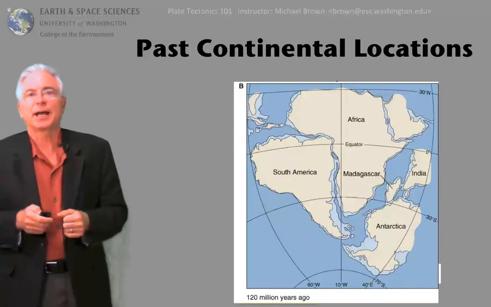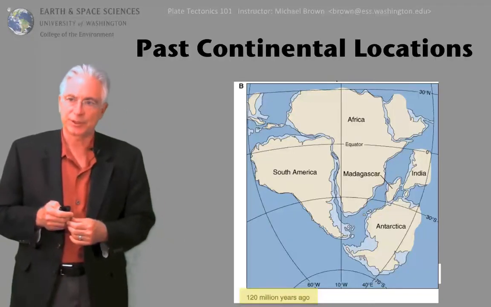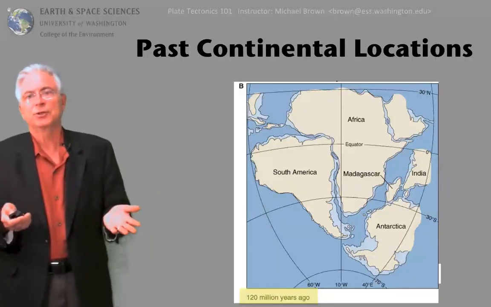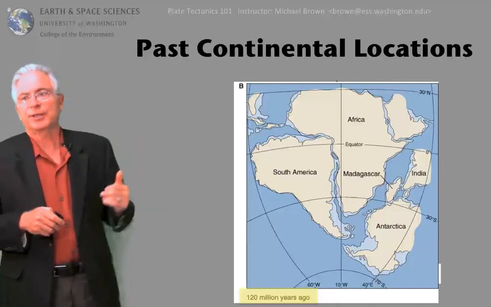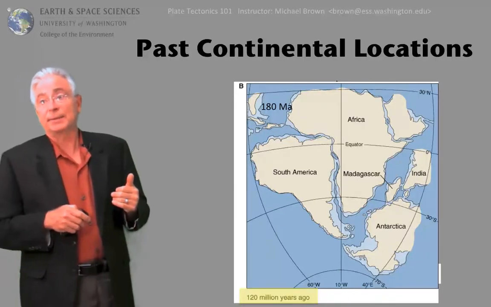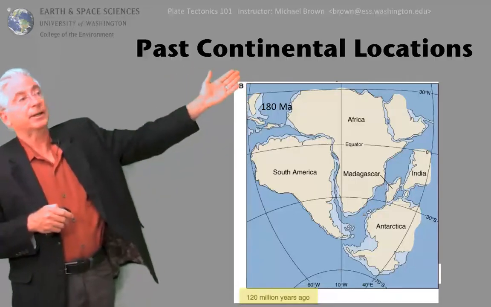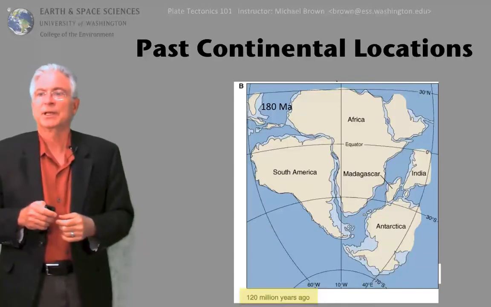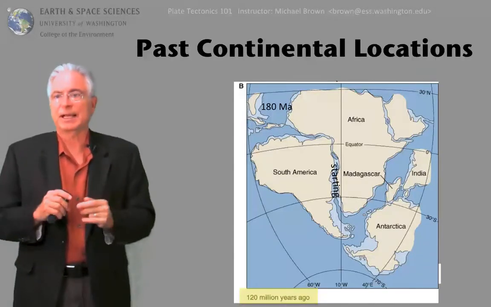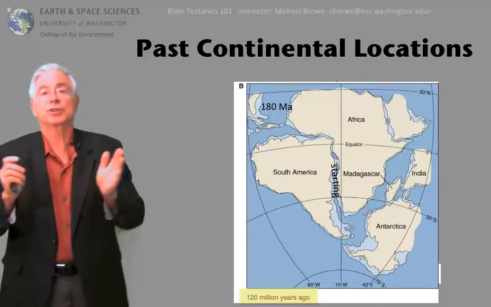We move forward in time now, highlighted in yellow at the bottom, to 120 million years ago. And what's happened between 200 million years and 120 million years? Well, in the North Atlantic, about 180 million years ago, North America split off from Africa and it started heading towards the west. Along the boundary between South America and Africa at 120 million years, they are just splitting apart.